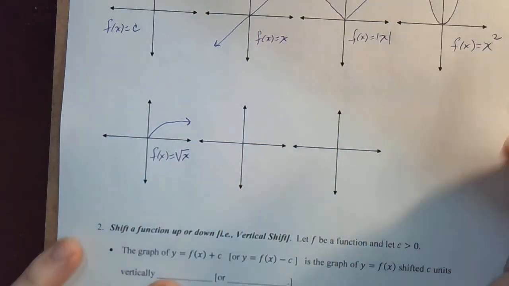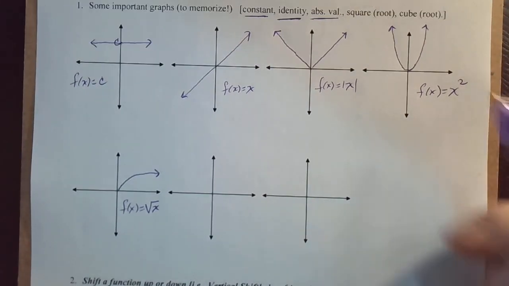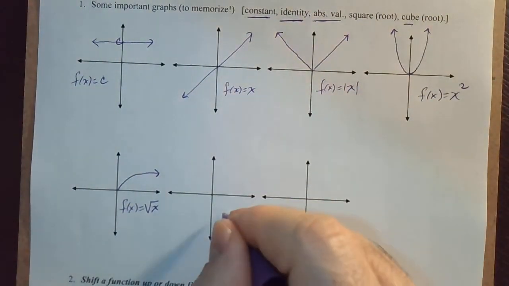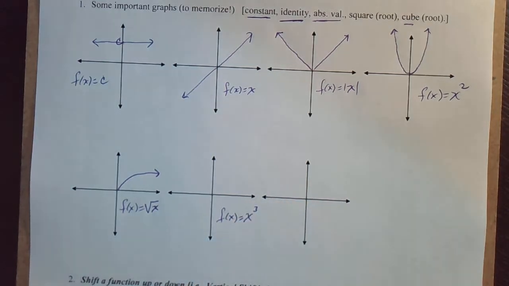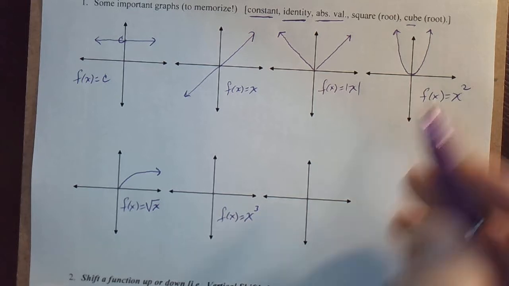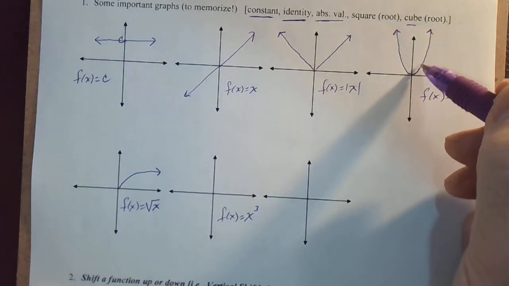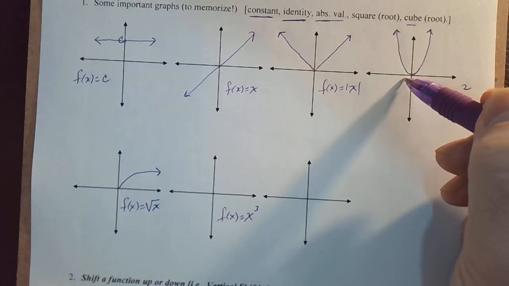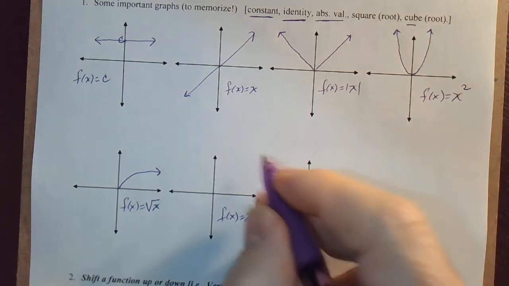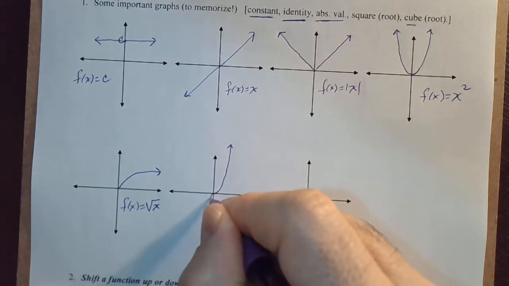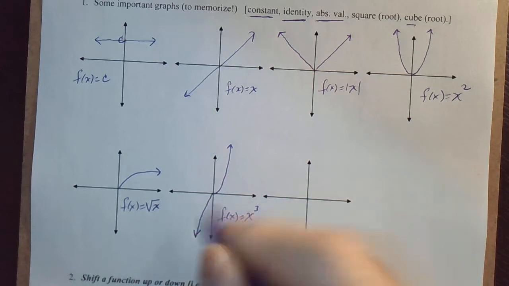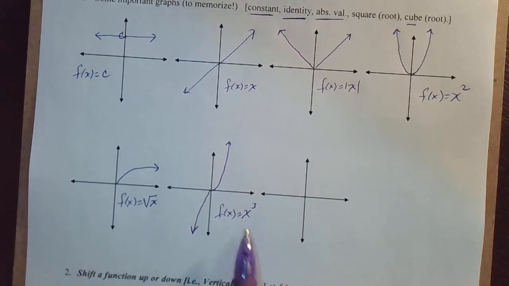And then we've got two more to do. Let's do the cube function, which would be f of x equals x cubed. It actually looks similar to this, only a little steeper. But when you get to negatives, it goes down this way. It's quite a steep graph. That's pretty much what f of x equals x cubed looks like.